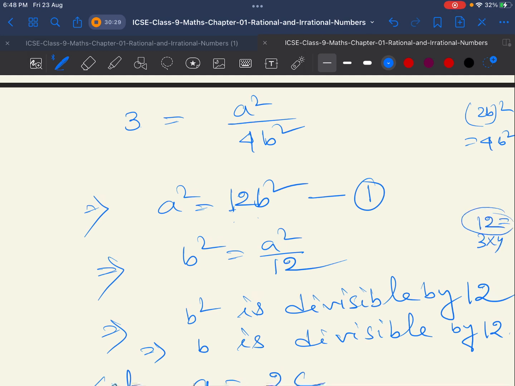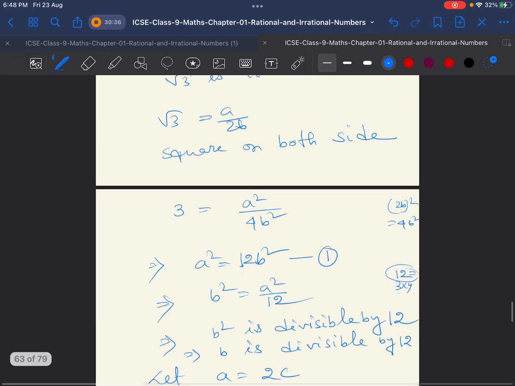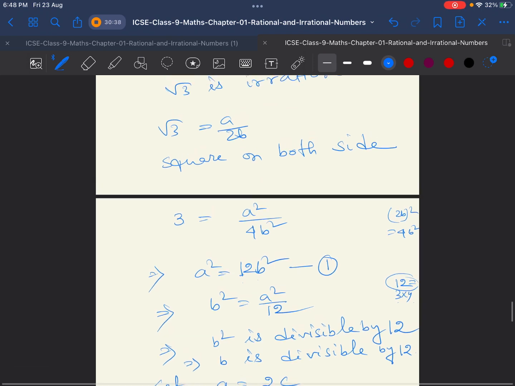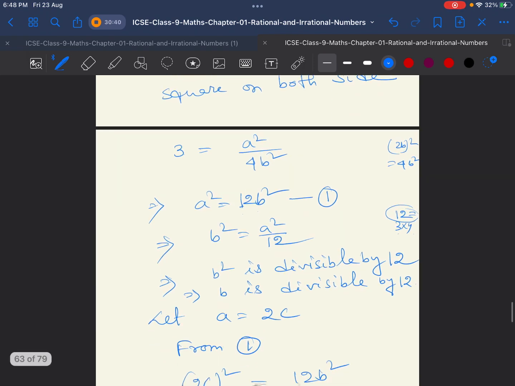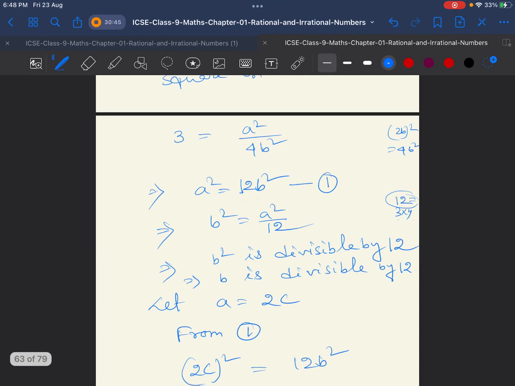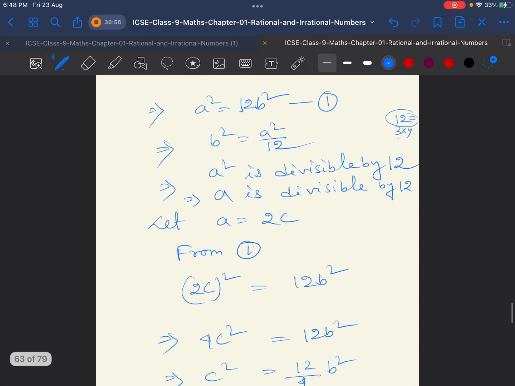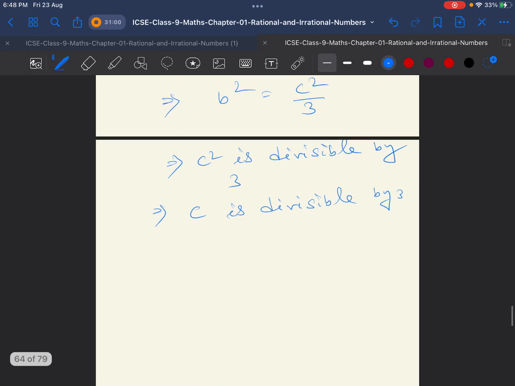So the factors of 12 are 3 and 4. Sorry, this is not b square, this is a square. A is divisible by 12, so a has factors 3 and 4.